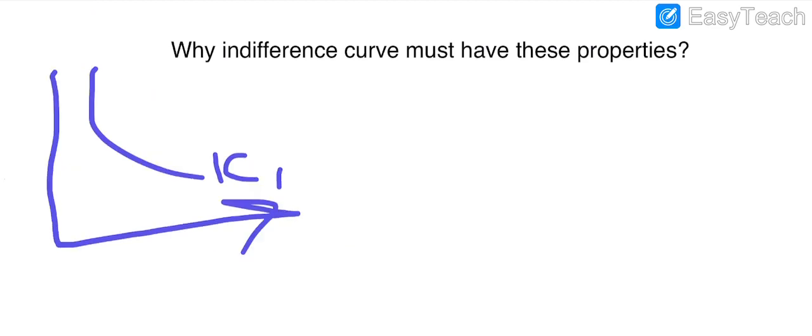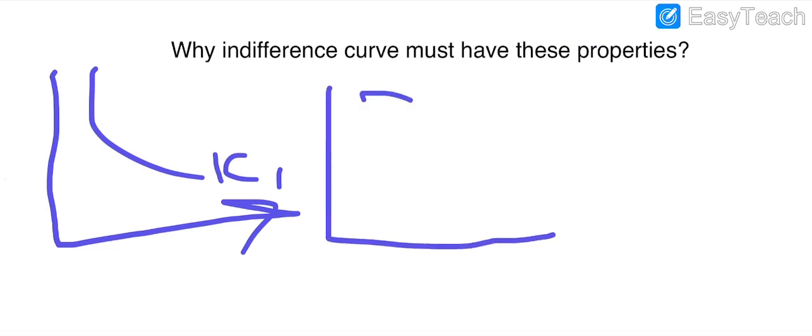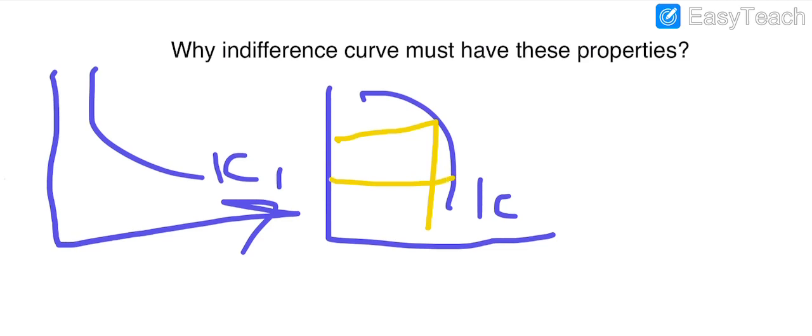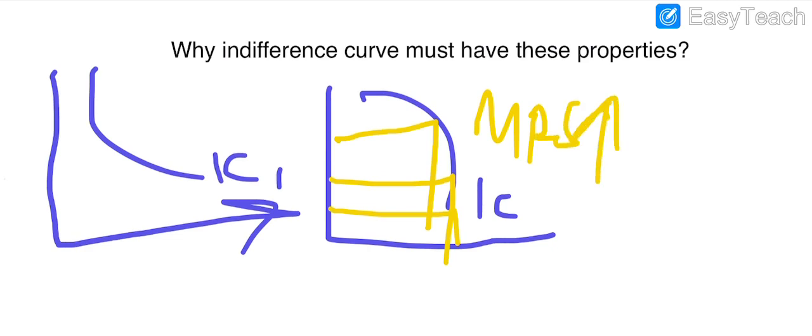If I say the indifference curve is convex to the origin with a negative slope, let's assume the opposite. If the indifference curve is like this, it has a positive slope, and this shows that MRS is going to increase. MRS increases here and MRS decreases here.